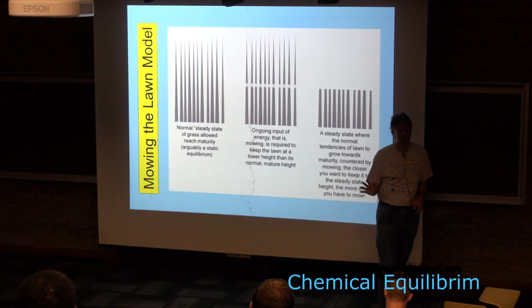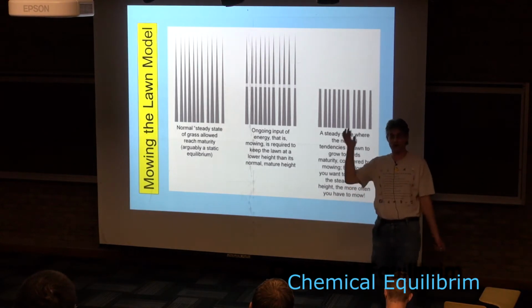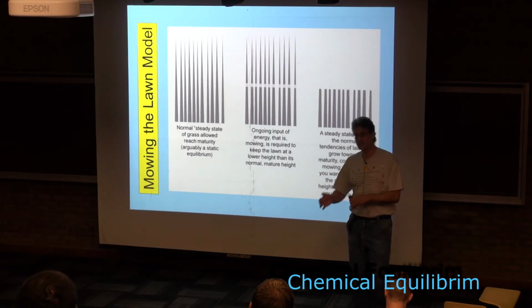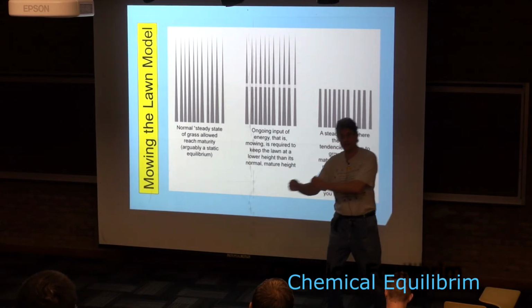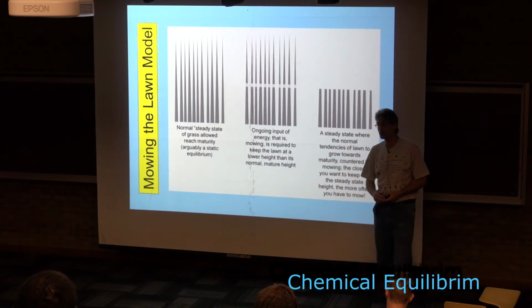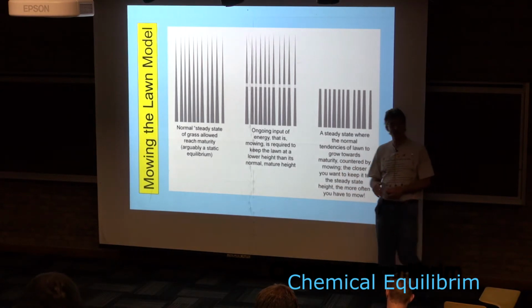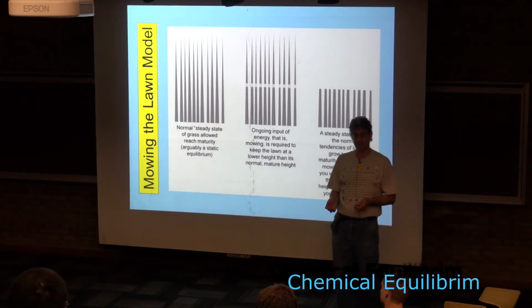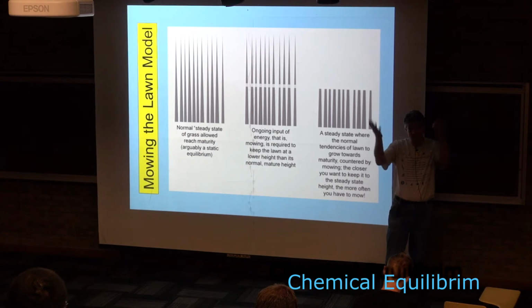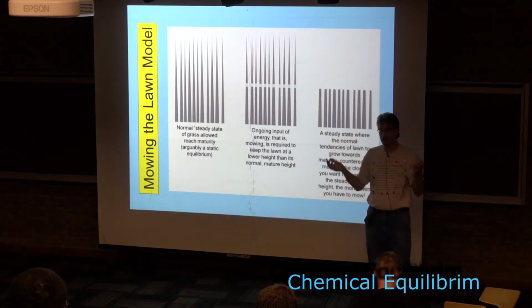Now, it's more complicated than that because grass requires energy to grow, but we're ignoring that part of it. And a lot of biology is you look at one aspect of it and you're not necessarily looking at all aspects of it. So in this case, we're looking at the height of the grass and not really asking how it is that the grass becomes high. But the grass has a propensity to grow, and we don't want it to grow.